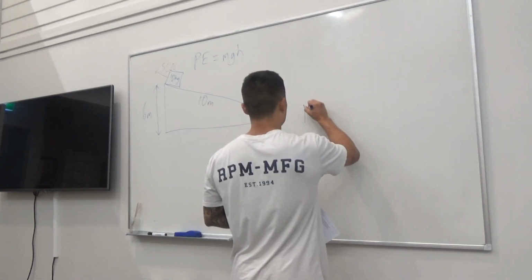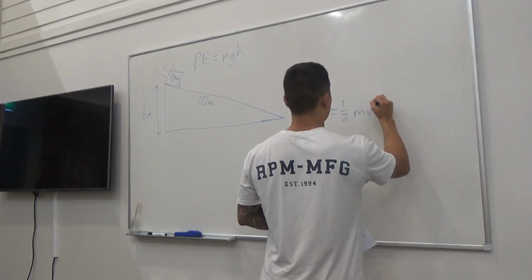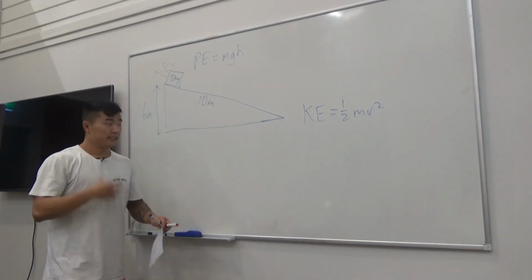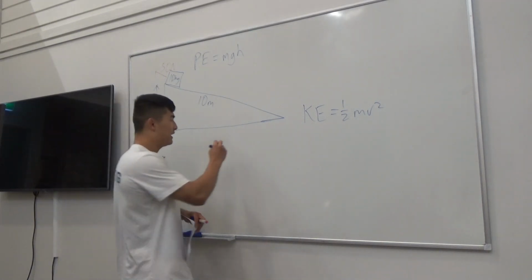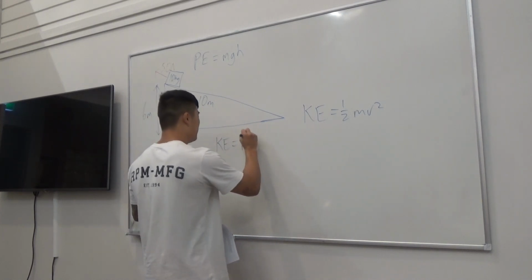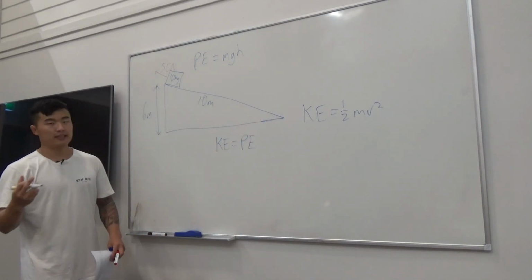At the bottom of the ramp, it will have kinetic energy equal to half mv squared. Yesterday we said that the kinetic energy at the bottom of the ramp will be equal to the potential energy that was at the top of the ramp.